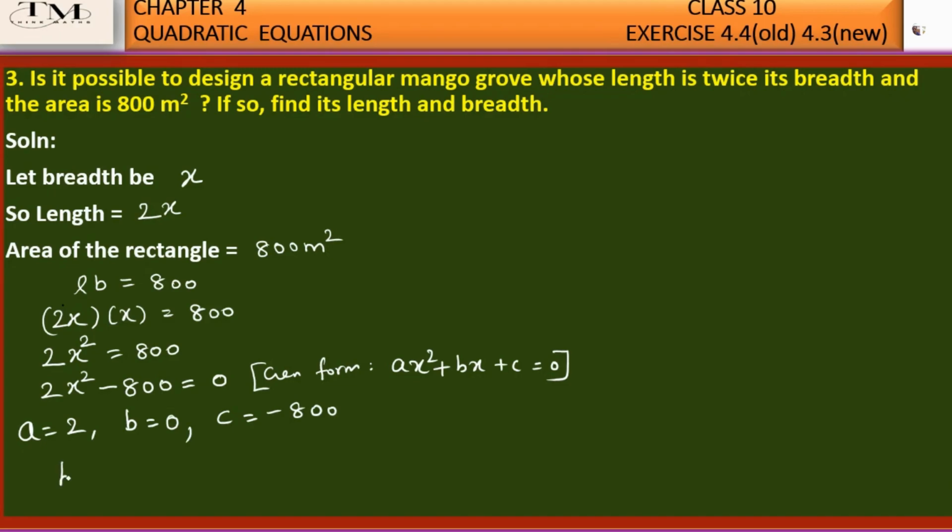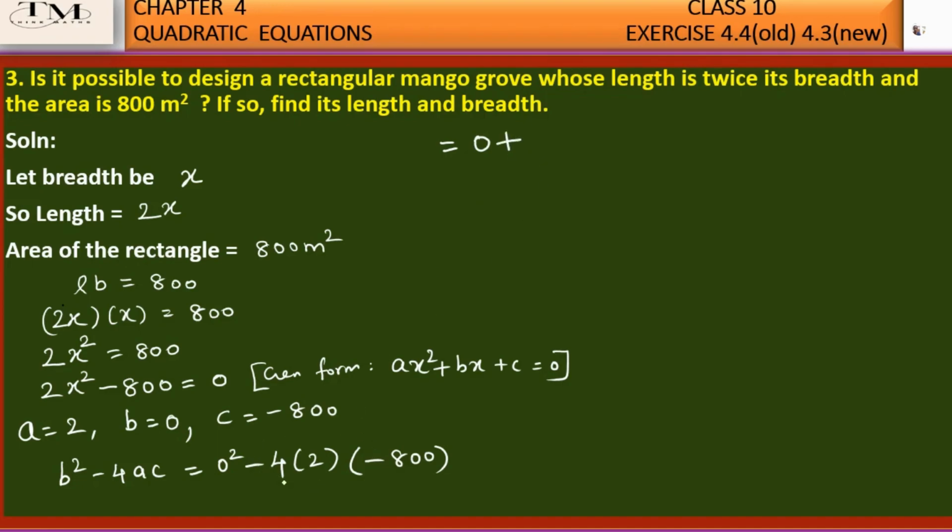So what is b square minus 4ac? So b square is 0 square minus 4, a is 2 and c is minus 800. So 0 square is 0. Here there are two negatives, so minus into minus it is plus.